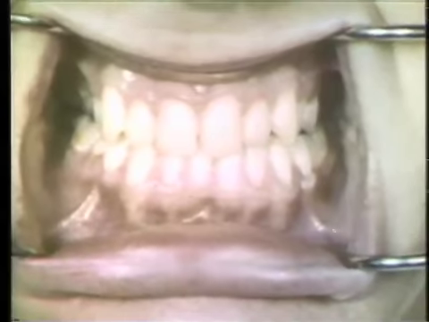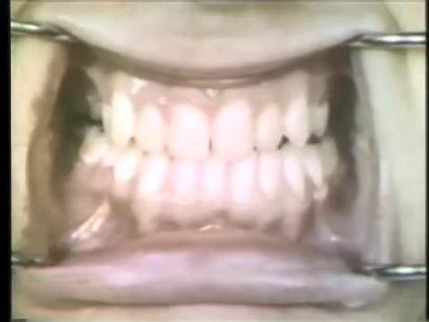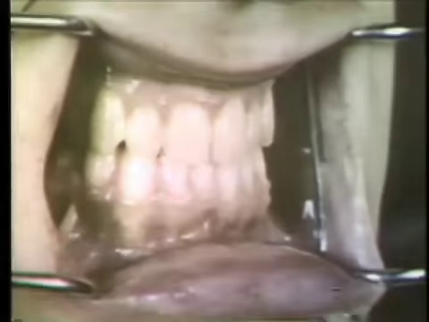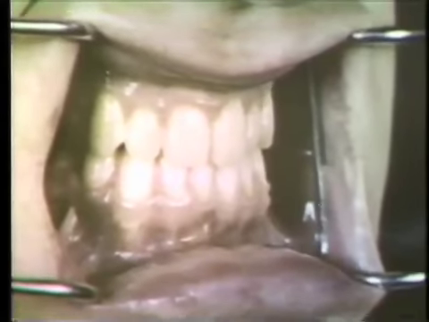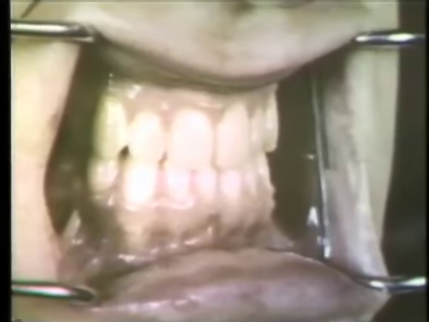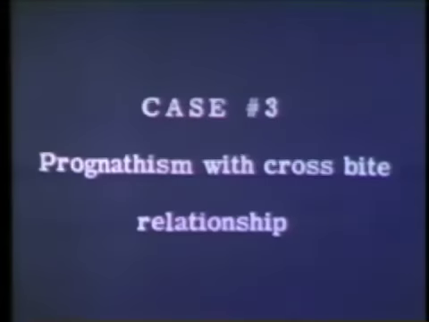Occasionally he will wind up, as you see, in the right molar region with a crossbite, where the maxillary arch is more narrow than the mandibular. Nevertheless, a vastly improved functional occlusion.